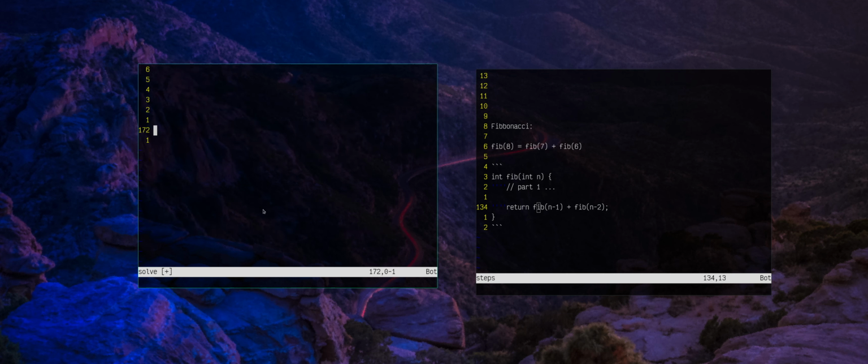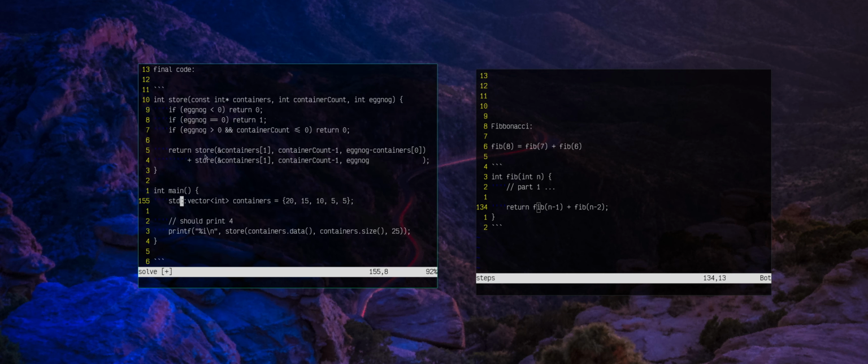This solution has the same problem. Of course, this is harder to simplify into something that isn't recursive. But this store function is going to call 2 of its own store functions, and each of those are going to call 2 more.